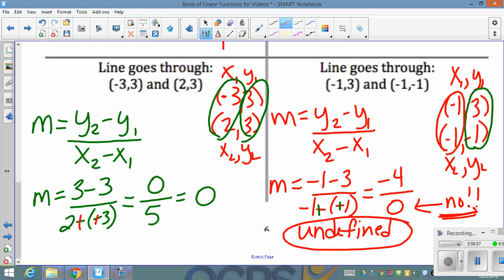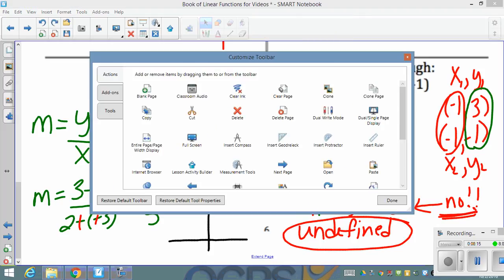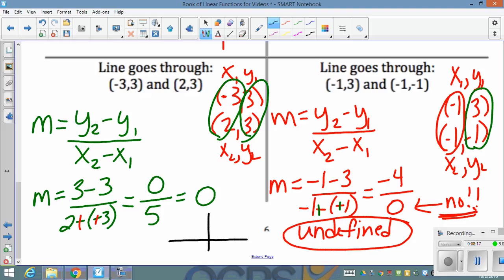Remember what's really happening in these last two examples. If I were to plot the points real quick, negative 3 comma 3 and 2 comma 3, this graph is a horizontal line, which is why my slope is 0.